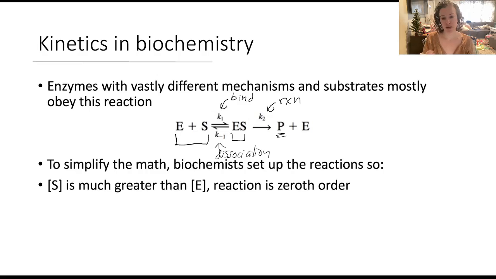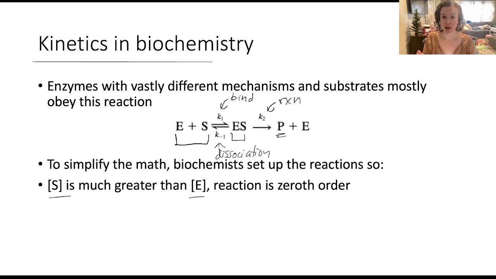There are a number of things that biochemists do in order to make the math easier to understand so that the kinetics are simplified, okay? One of the things that we do to make the math easier is when we're setting up these reactions in a laboratory setting, we make sure that the concentration of substrate is much, much greater than the concentration of enzyme. What this does is it allows the reaction to be 0th order, which means easy math.